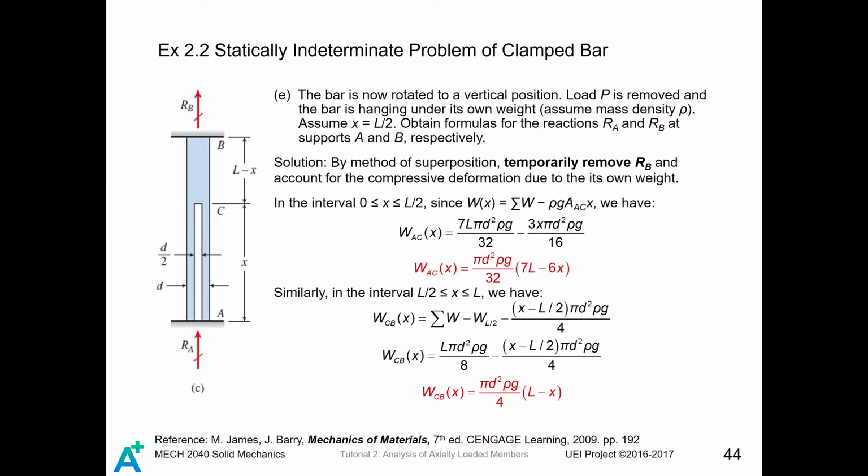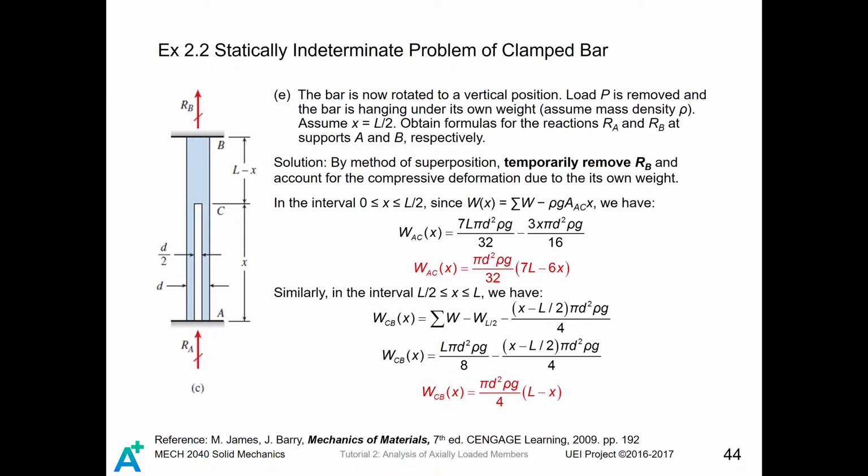After considering the statics of this entire structure, now we have to consider the solid mechanics part of this problem. The load RB is pulling the bar upward and tries to elongate this bar, while the weight inside the bar will compress this bar, so the bar will become shortened because of the weight.